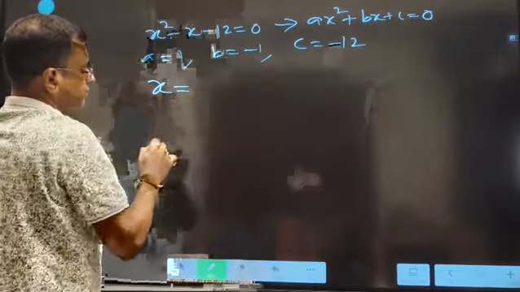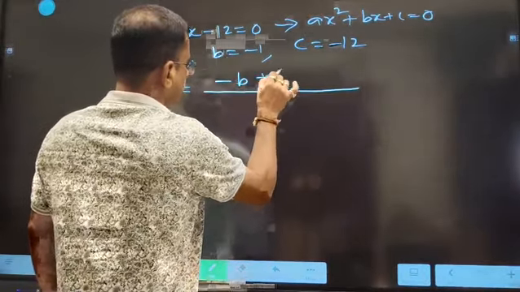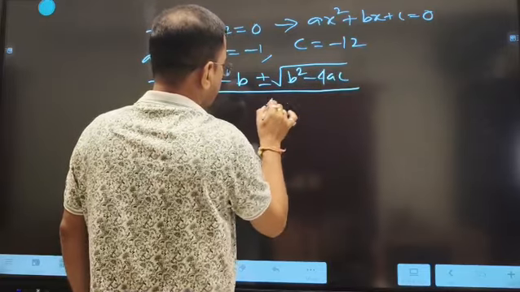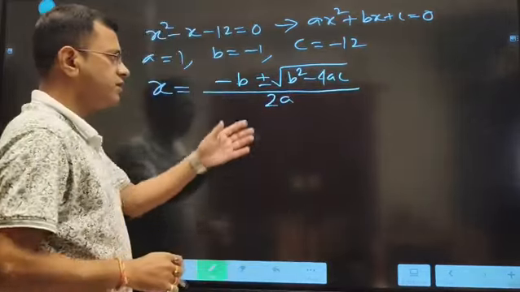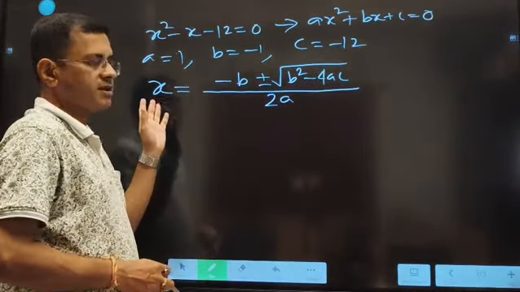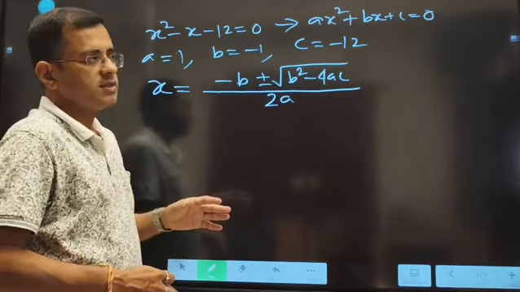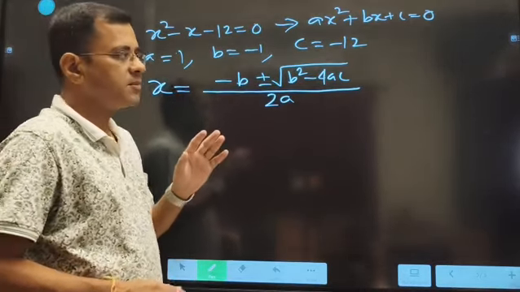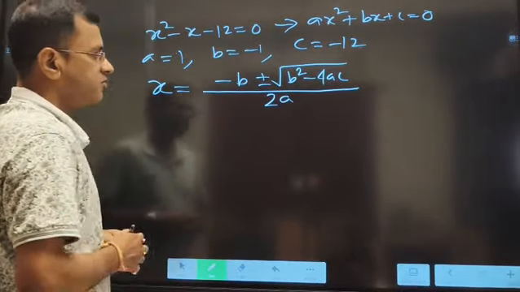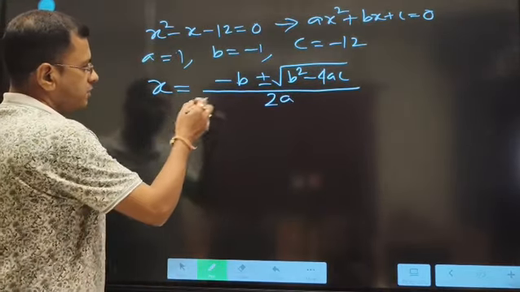The quadratic formula is x equal to minus b plus minus root over b squared minus 4ac, divided by 2a. With this plus minus we are going to get two values of x, because a quadratic equation has a maximum of two solutions, two values of the variable which satisfy the equation.